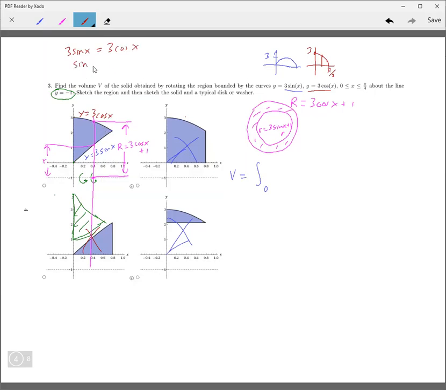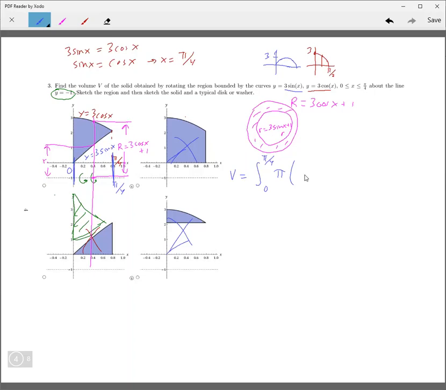So you have sine x equals cosine x. That happens when x is pi over 4. So this value here is pi over 4, and you're going to integrate from 0 to pi over 4.